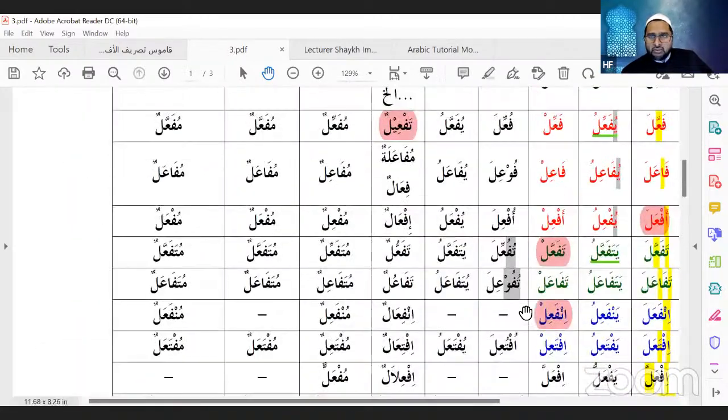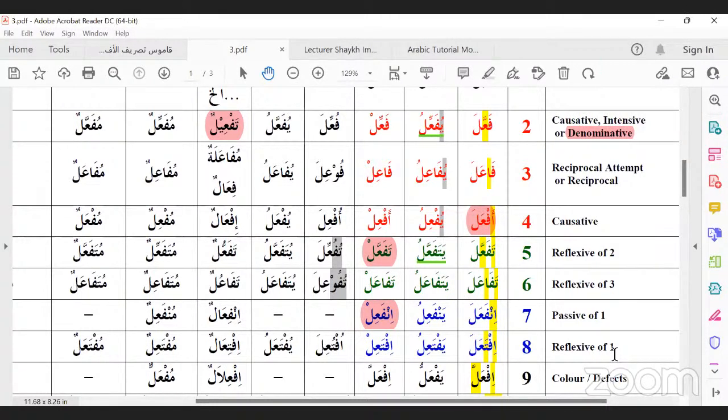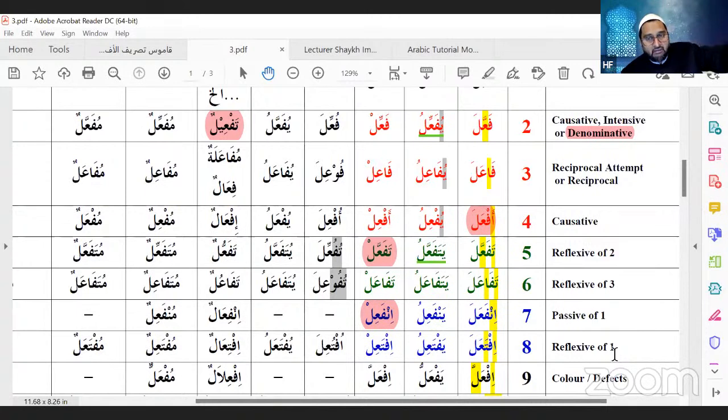Now let's go back to the original. So this comes in the reflexive of 1. It means that the reflexive, again, meaning that the action which is being done, the result of that action is being achieved.